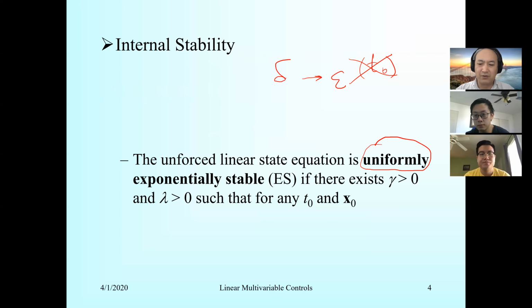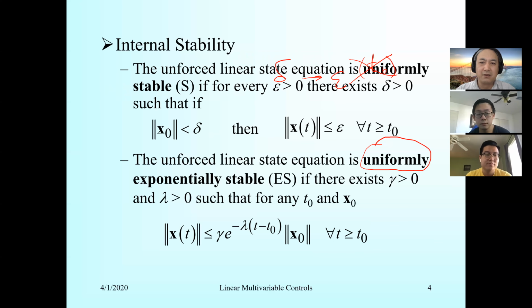I do have examples about uniform stability and stability. What's the difference? So let's quickly do that. What is uniform stability?